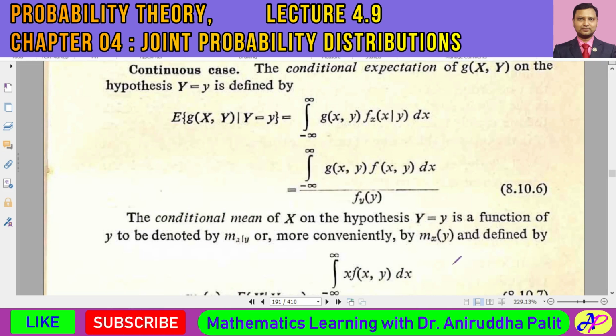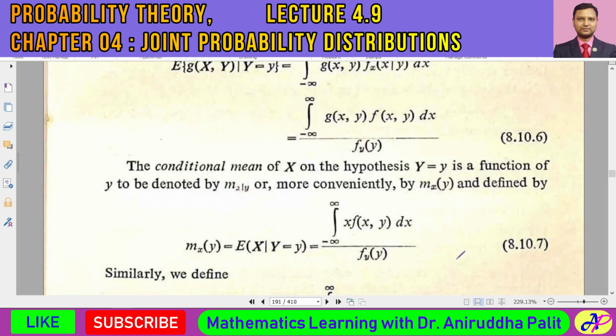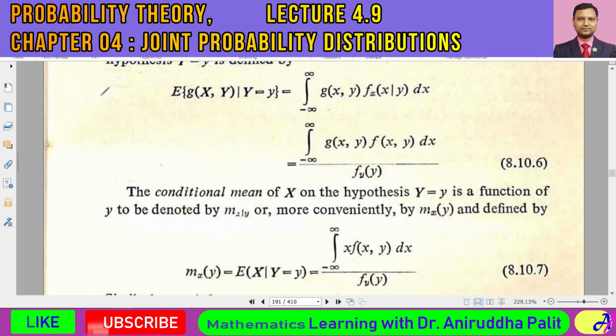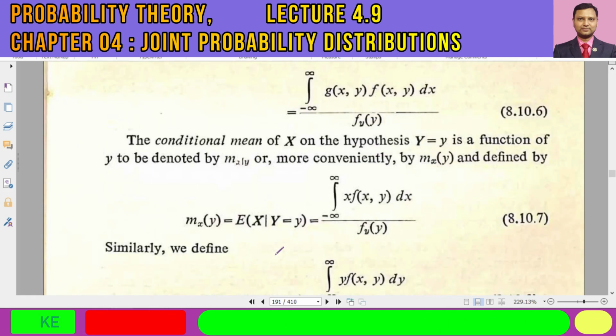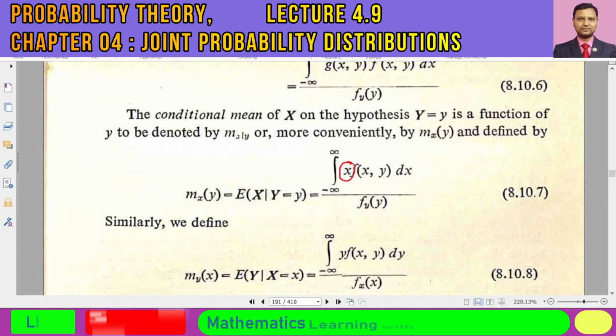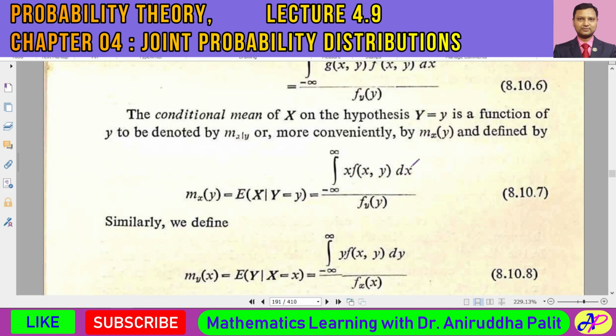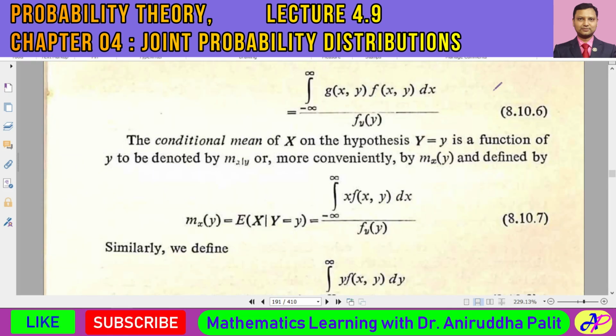All right. Now let us define the conditional mean. You see, in place of this function g, if we put y, in that case we will get the conditional mean. So this conditional mean will be defined in this way: integration from minus infinity to infinity, just in place of the function g(x, y) we are putting y over here, and the remaining part is exactly the same as per this formula.